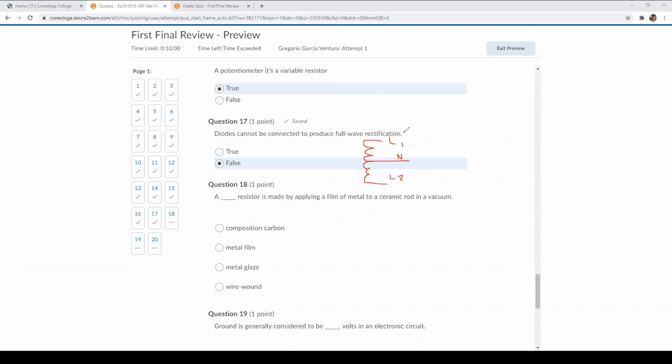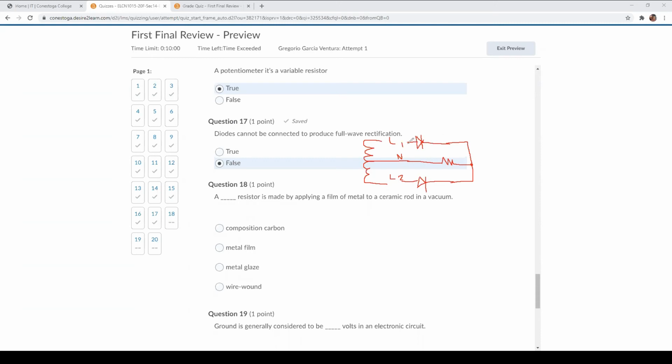If we connect one diode to line 1 in forward bias, and we connect a second diode to line 2, and we make the neutral the common connection, now we are going to be able to have full wave rectification.